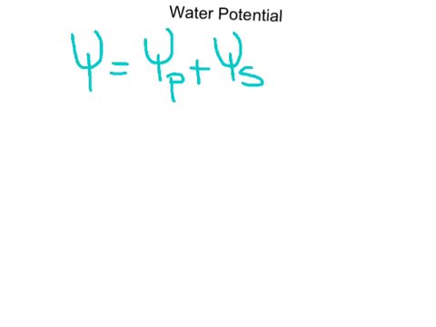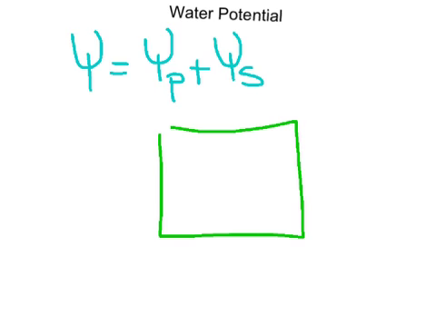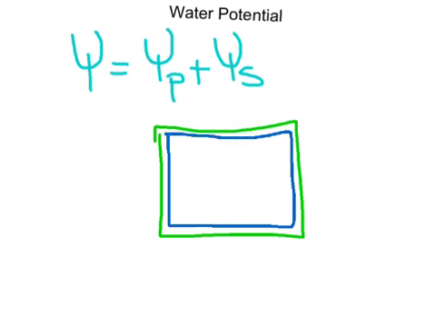And just to give you an example of exactly how this works, for a given plant cell, so green for plant, you have a cell wall, and the cell wall is fairly strong. And right on the inside of the cell wall, you have your cell membrane, and the cell membrane is fluid. It's able to move.